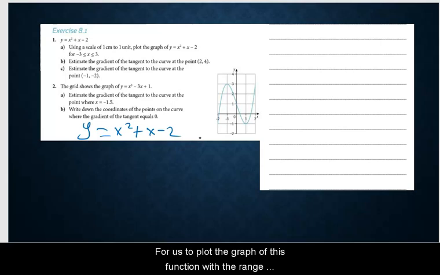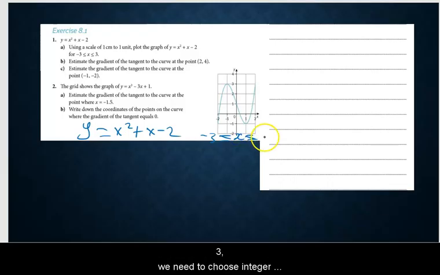For us to plot the graph of this function with the range -3 less than or equal to x less than or equal to +3, we need to choose integer values of x from -3 to +3 and then compute the corresponding y values.